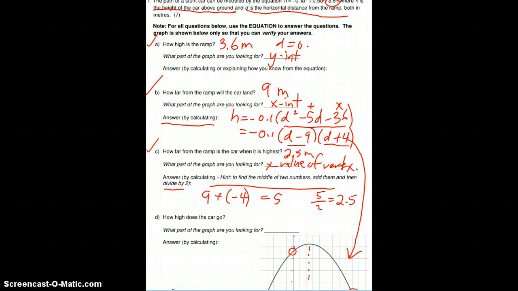And of course, with that I ask, how high does the car go? Now I'm looking for a height, a y value. So I'm looking for the y value, not the y-int, but the y value of the vertex, the second number. Okay, so that's right up here somewhere, and I know it's a little bit more than 4, and you can calculate it. You plug 2.5 into your equation.